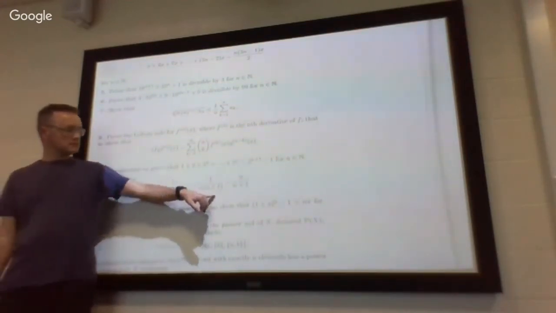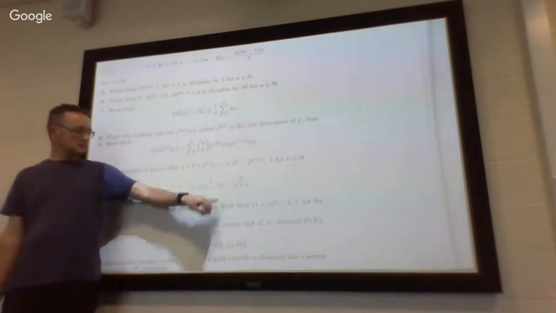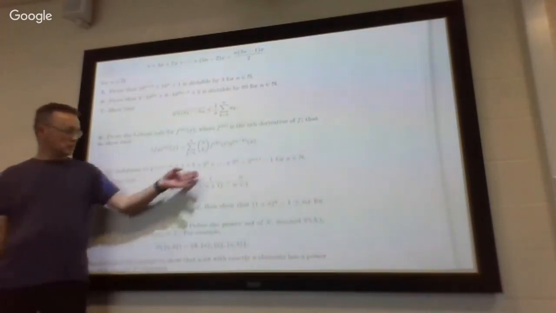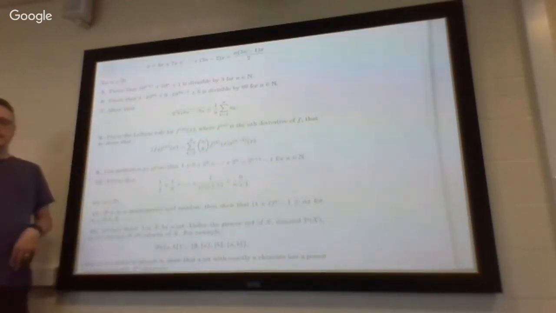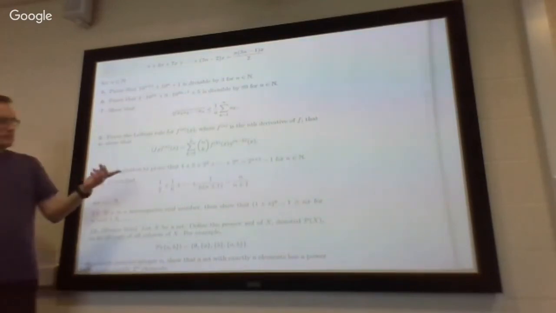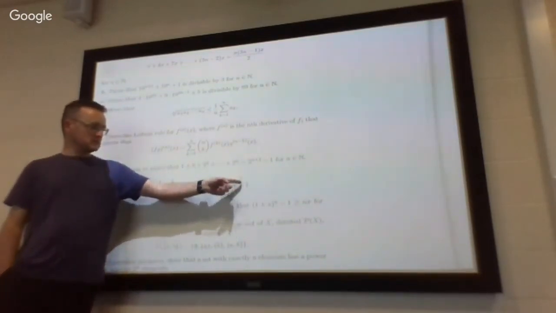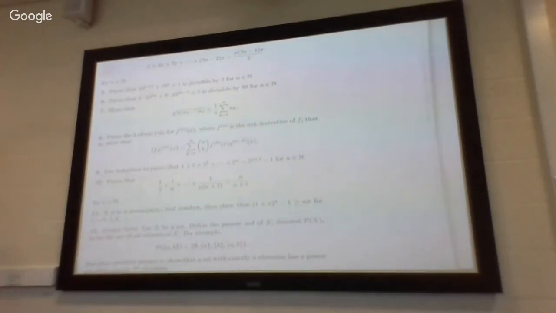This is the pattern in the denominator, n times n plus 1. So you're summing 1 over j times j plus 1 from j equals 1 up to j equals n. And the claim is that this is equal to n over n plus 1. So that's question 10. Question 17, when you look at your reading notes, that's the other submission problem.